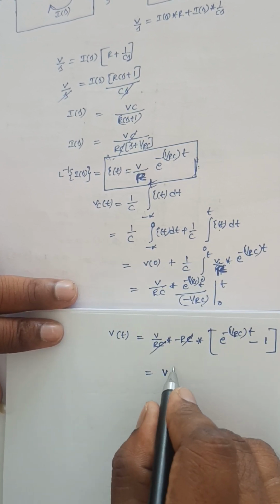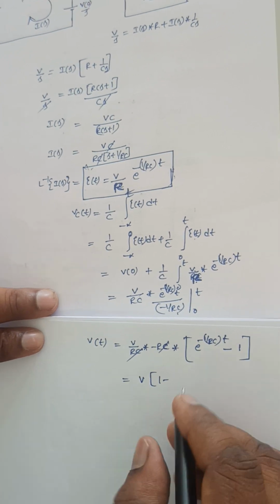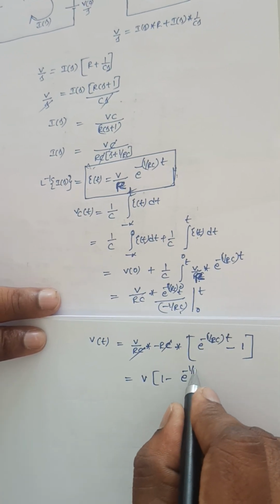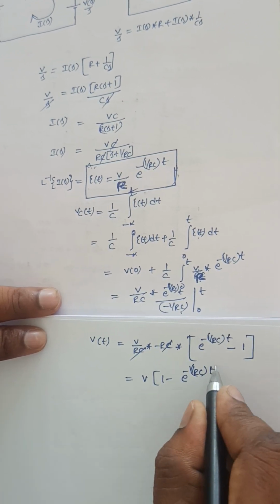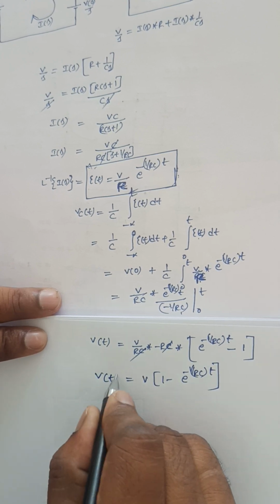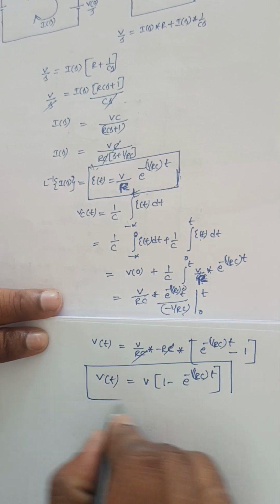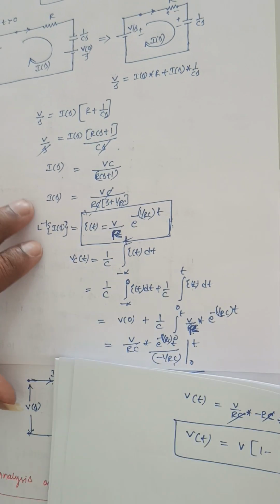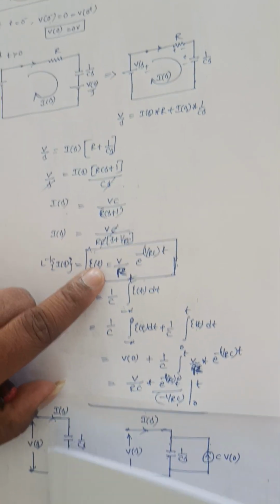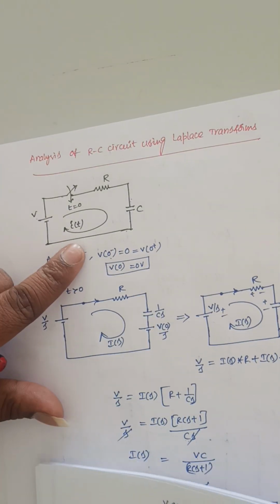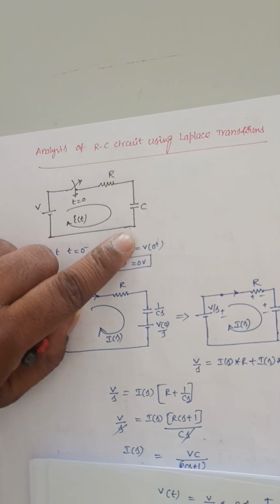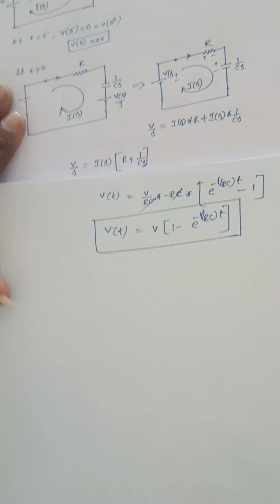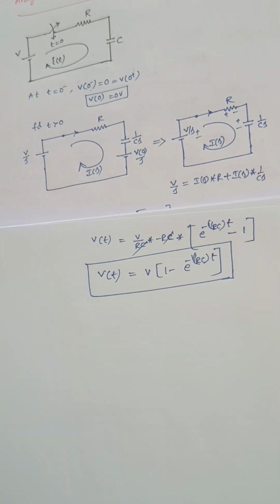So it is V into 1 minus e power minus 1 by RC into t. This is the expression for the voltage across the capacitance. So we can find the expression for I of t for an RC circuit, and the voltage across the capacitance Vc of t for the RC circuit using the Laplace transform approach.